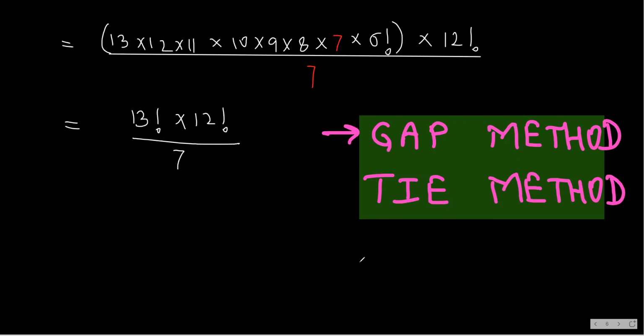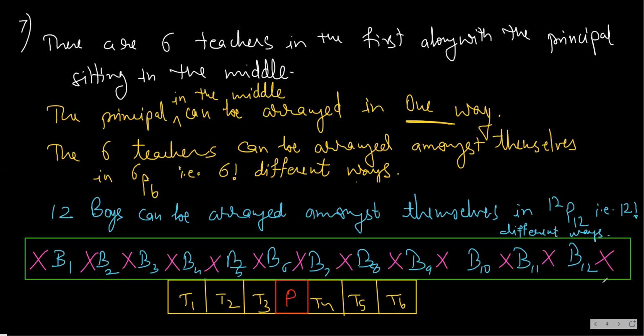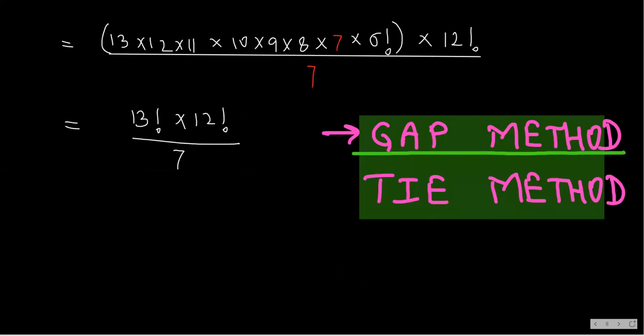Whenever you come across a question where they say no two girls are together, you are applying gap method. What did I do? I first arranged the boys, and then beside the boys there were gaps. These are all gaps. Beside 12 boys there were 13 gaps, and in those 13 gaps we arranged the 6 girls.